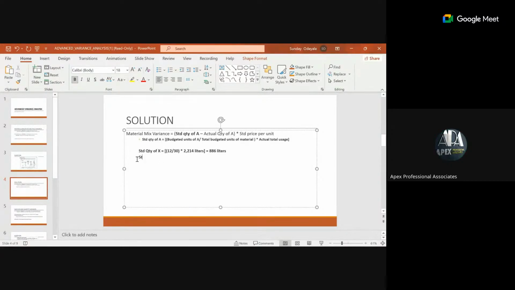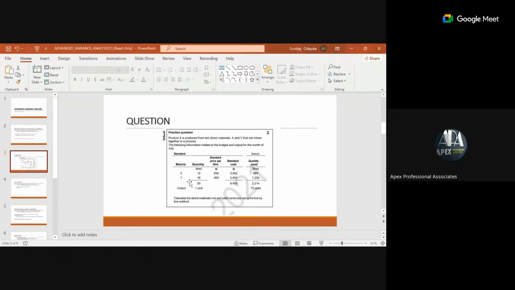So let's do the same thing for Y. Now it's no longer going to be 12. Why? Because for Y we were supposed to use 18, not 12.